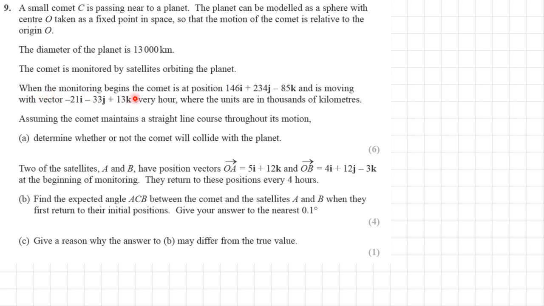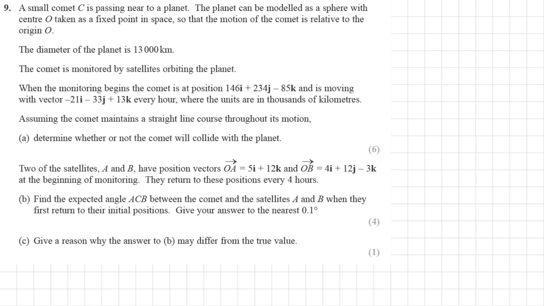When the monitoring begins, the comet is at position 146i plus 234j minus 85k and is moving with velocity negative 21i minus 33j plus 13k every hour, where the units are in thousands of kilometers. Assuming the comet maintains a straight line course throughout its motion, part A, determine whether or not the comet will collide with the planet.